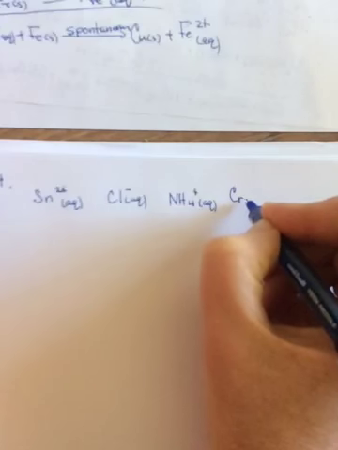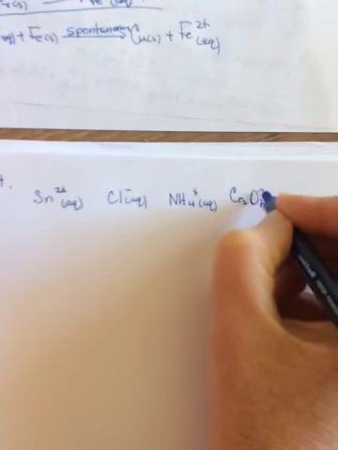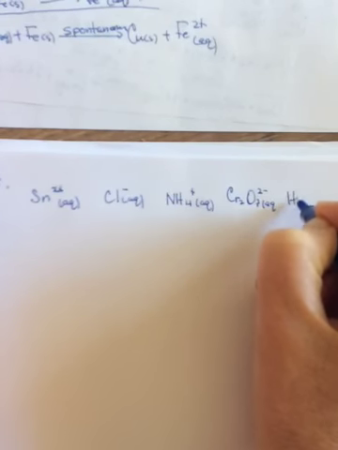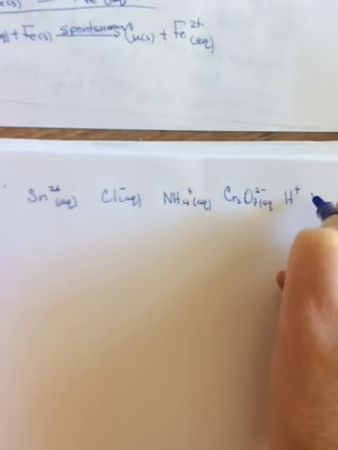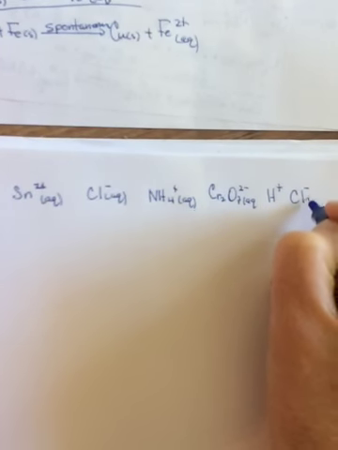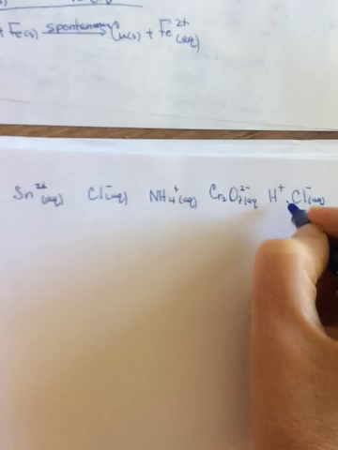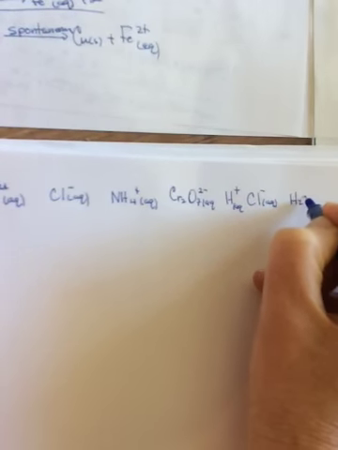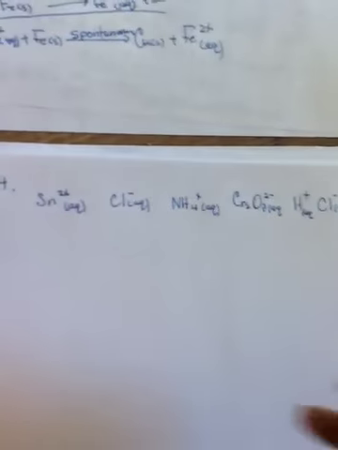Dichromate is the Cr2O7 2-, aqueous. Acidified, H+, with hydrochloric acid, Cl-. And of course, it would be water because of the acid.